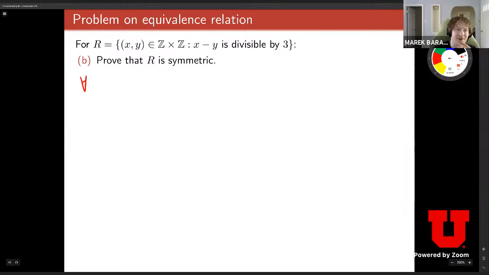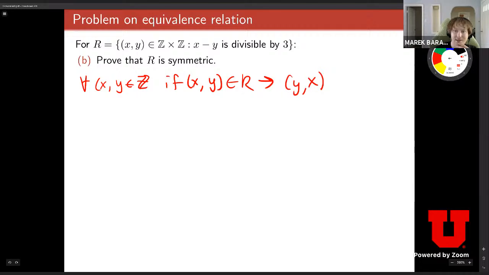So for symmetric, for all x, y in the integers, if x, y is in the relation, then y, x is in the relation. I'll give you about a minute or two to solve that.